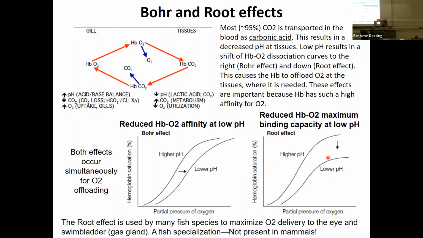It actually causes a conformation shift in the hemoglobin protein such that it cannot bind oxygen with the same affinity, or what we call maximum binding capacity. You are forcing hemoglobin to dump the oxygen at the tissue where you need it.